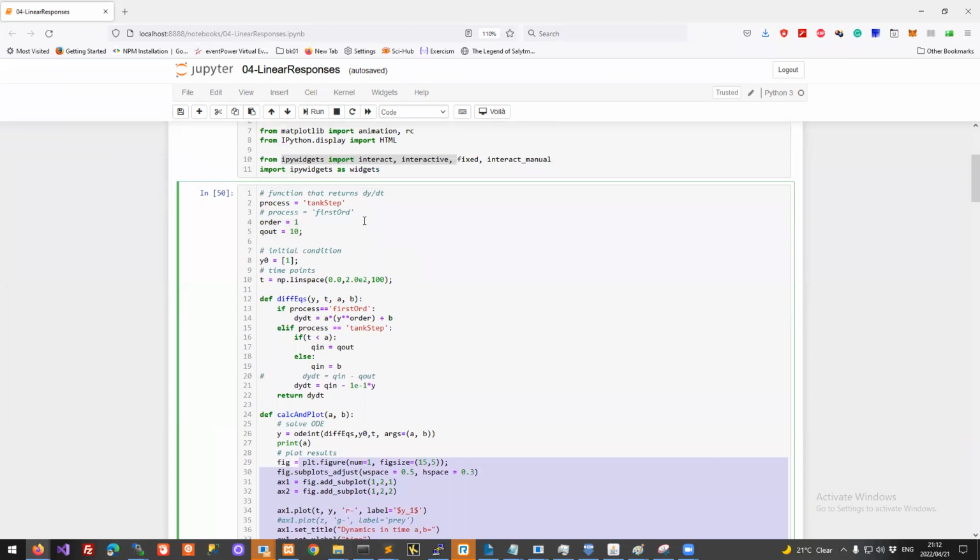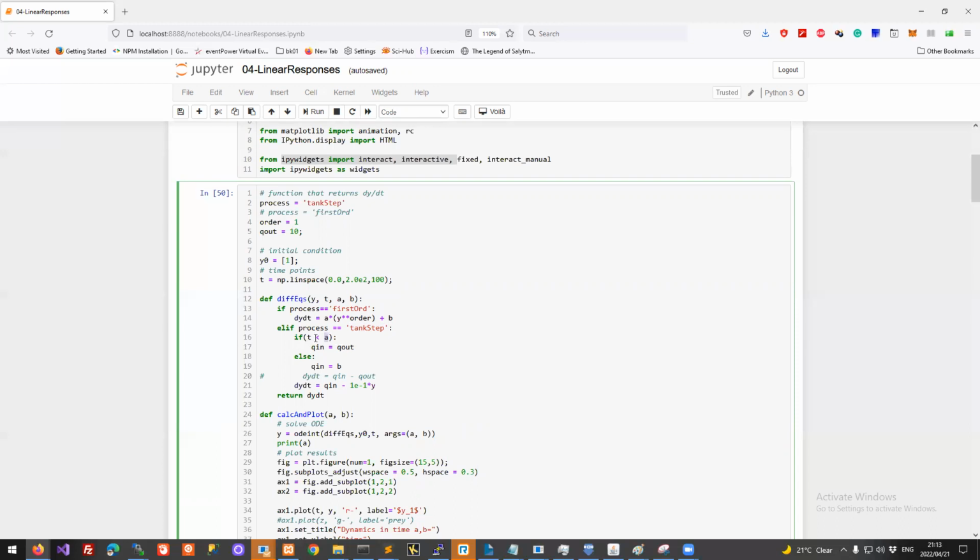So the first one we'll look at is, let's just do tank step. So this is the tank problem. And in the tank problem, this is simply dv dt equals q in minus q out. And in this case, we are applying a step function. So here, our value A is going to be the point of the step.